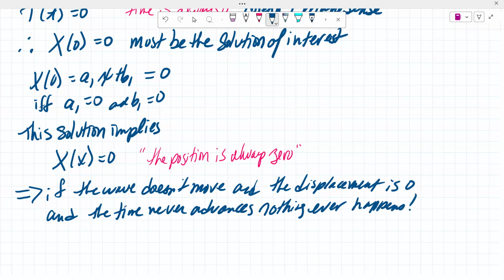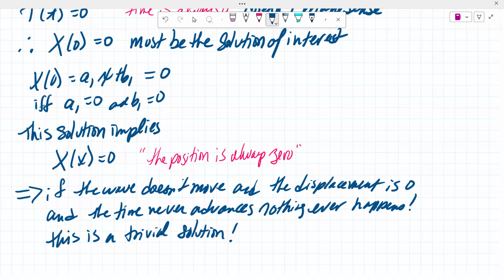This is a trivial solution. All right, but we have another trial we could make, right?